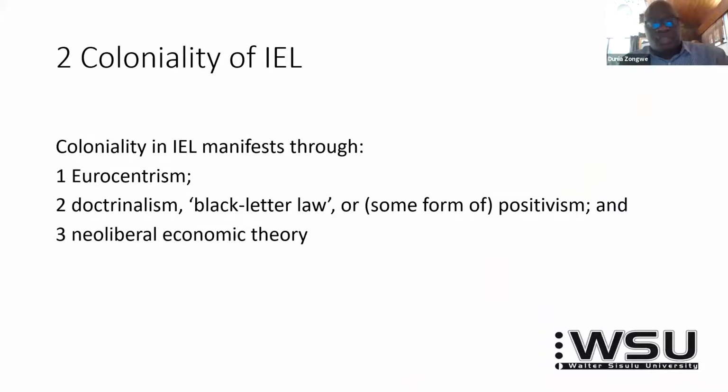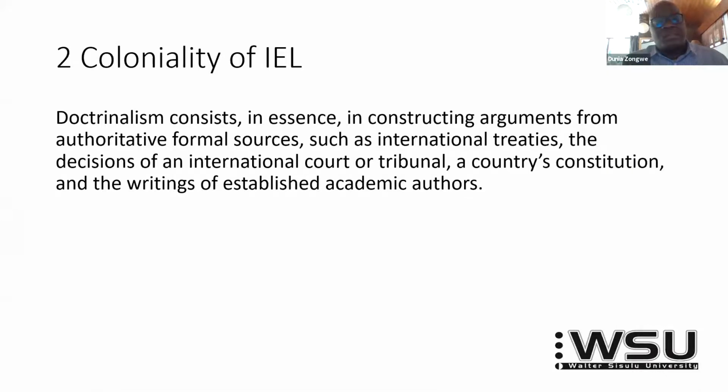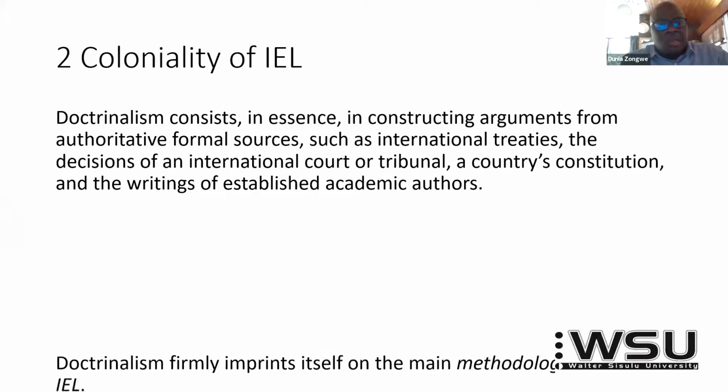And here I'll just discuss it through doctrinalism and neoliberalism. Doctrinalism, as I call it, consists in essence in constructing arguments from authoritative formal sources. These sources include international treaties, the decisions of international courts or tribunals, a country's constitutions, or the writings of established academic authors. In other words, it is what is commonly known as black letter law.